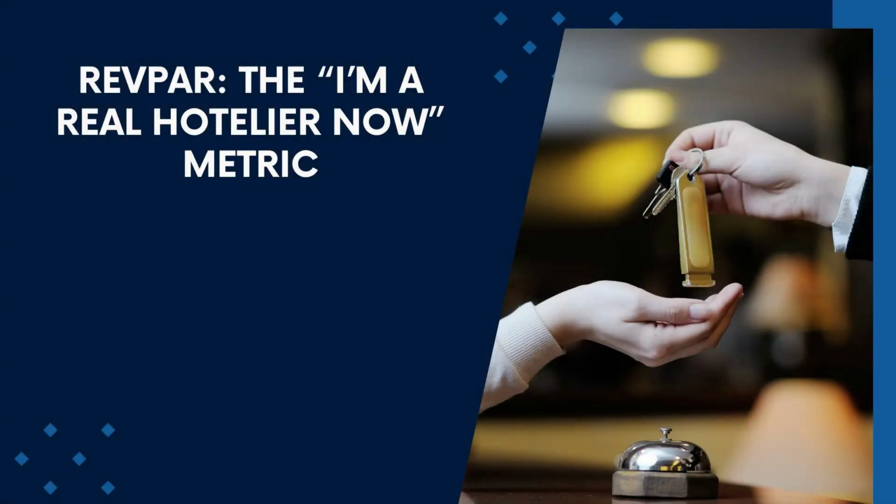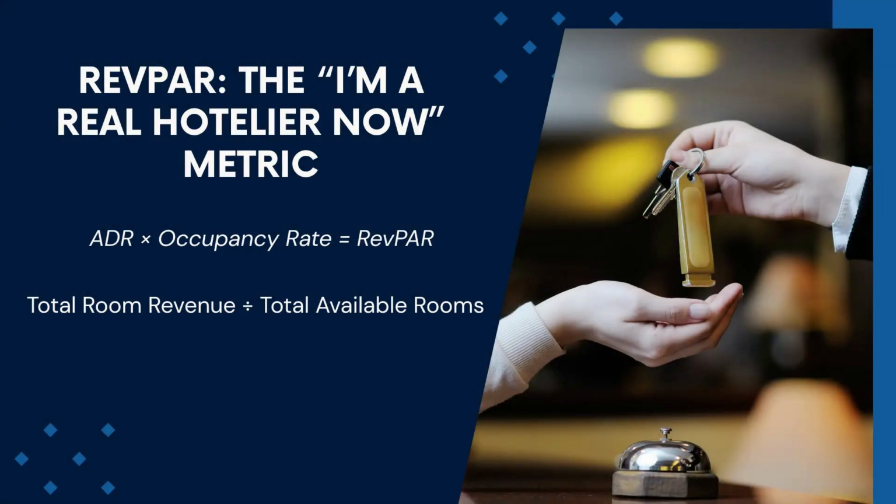RevPAR, revenue per available room, combines your occupancy rate and ADR. The formula is ADR times occupancy rate equals RevPAR, or simply total room revenue divided by total available rooms. This is the ultimate performance snapshot.